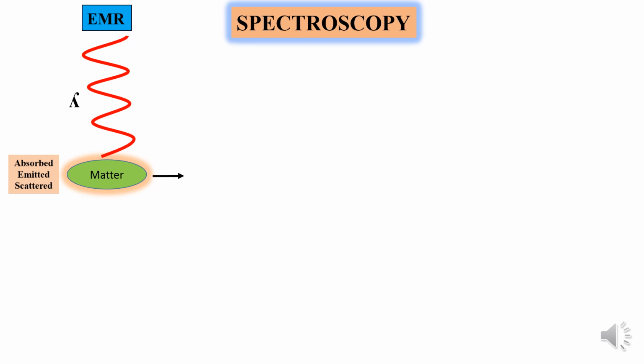Now, the outcome of this interaction between the electromagnetic radiation and the matter is the spectra. The resulting spectra can be obtained using an instrument called spectrometer or spectrophotometer.